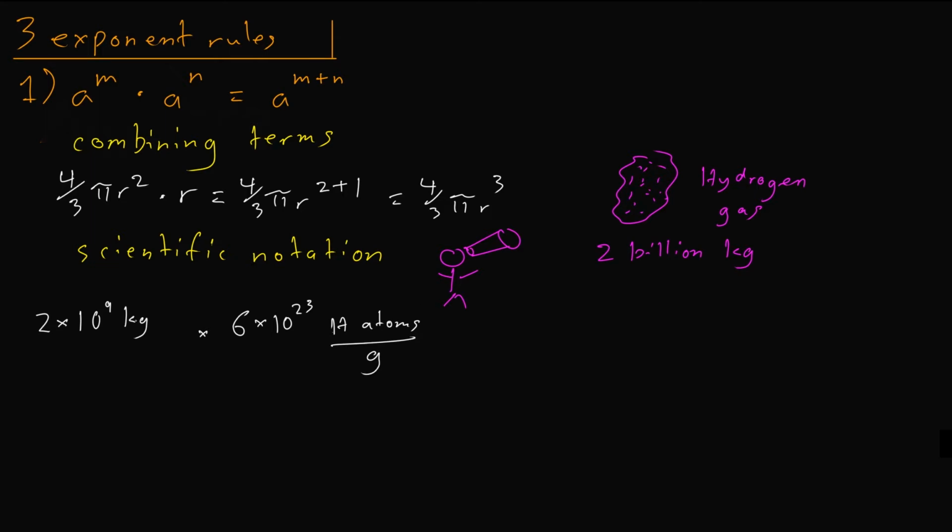But this is in kilograms, this is in grams, so we're going to need a conversion factor here. So let's do that real fast. Okay, so what's the conversion factor to convert kilograms into grams?